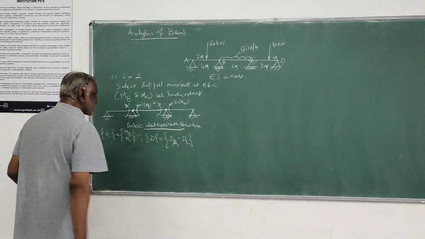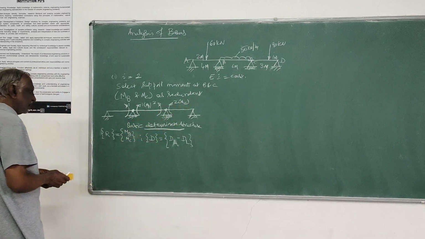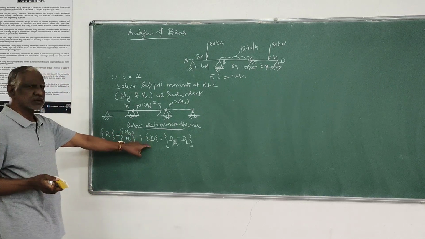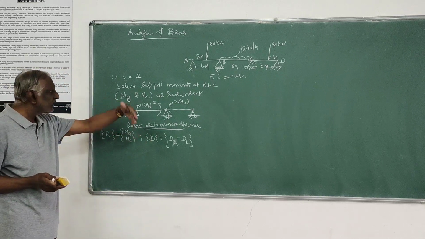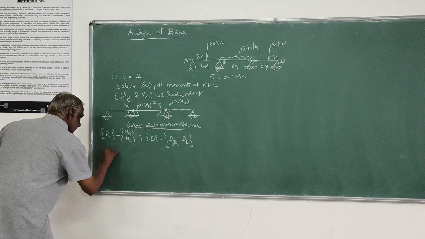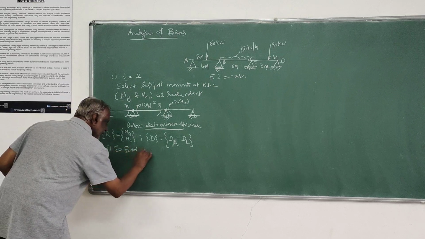This is the matrix which we have to determine by calculation, and this also we have to determine. These are the two unknowns which we have to determine in the second step, to find DL.